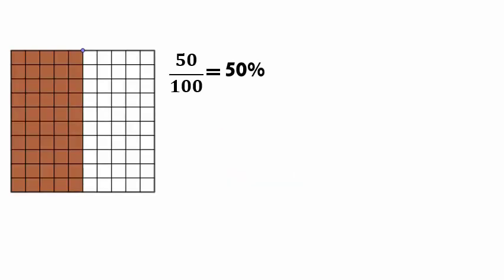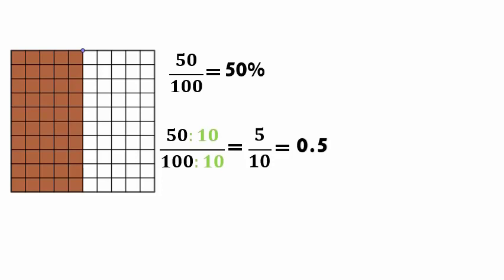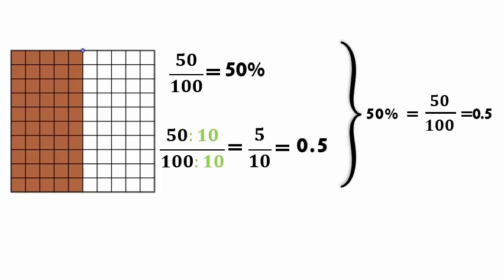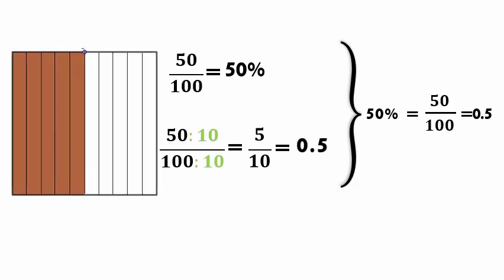If we simplify the fraction with 10, we have 5 tenths. The decimal notation is 5 tenths. So, they are the same things. When we divide the whole into 10 parts and color 5 parts, as you can see here, the whole and the colored parts don't change in this model.